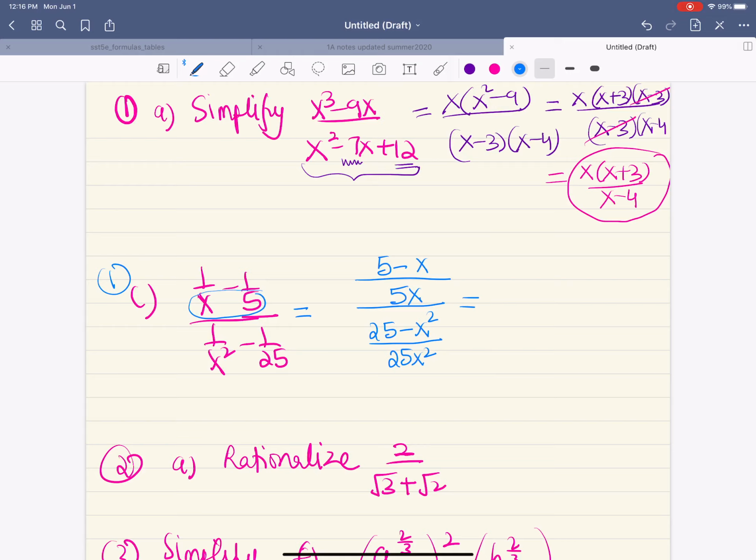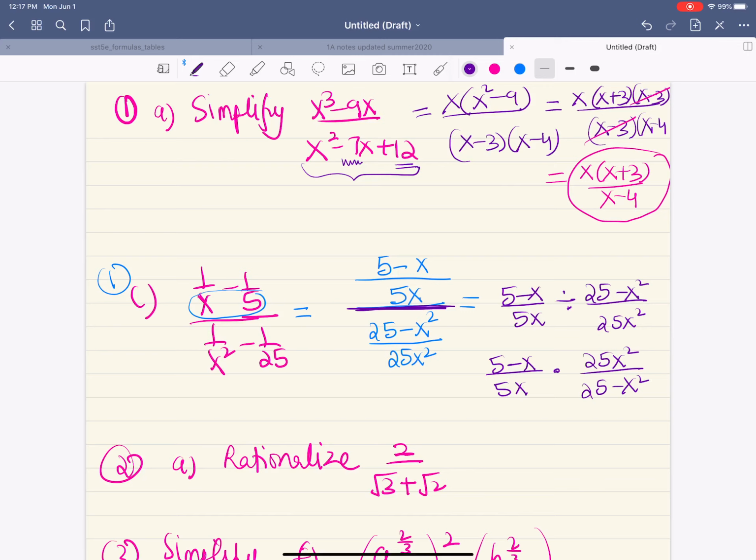Now, instead of using this division line in the middle, I'm going to write these with a division symbol. So I'm doing 5 minus x over 5x divided by 25 minus x squared over 25x squared. I am left with 5 minus x over 5x times 25x squared over 25 minus x squared. Let's go ahead and factor and cancel whatever we can cancel. 5 minus x over 5x times 25x squared over 5 minus x times 5 plus x.